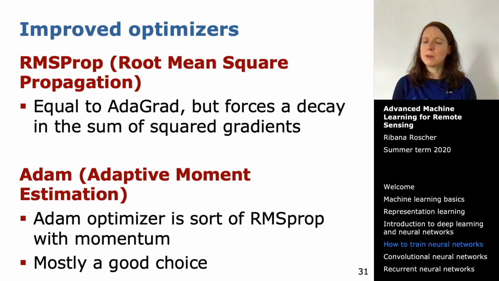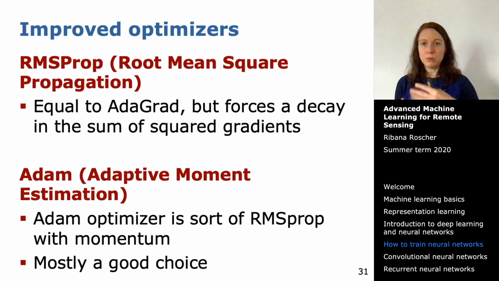And Adam is a really good optimizer. In case you do not know and do not want to take care of which optimizer to choose, normally Adam is a good choice. The Adam optimizer is a sort of RMSProp with a momentum, and RMSProp is equal to AdaGrad, but with a decay in the sum of the squared gradients.